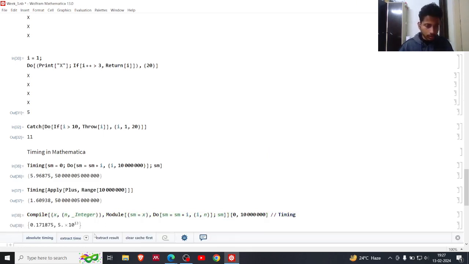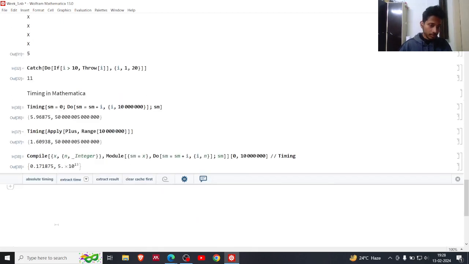So it is like a compilation and then using Module. It is a complex way of writing this, but it is taking much less time, and it is giving you the result in 0.171875 second.